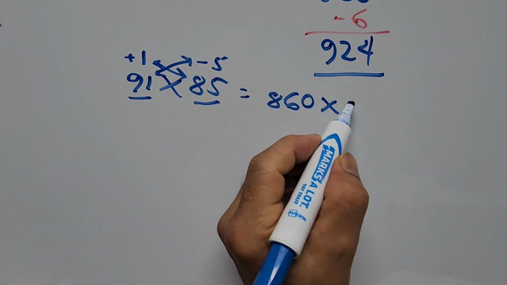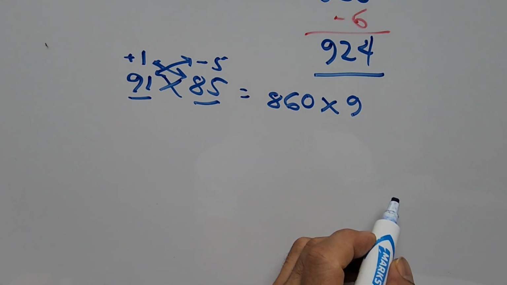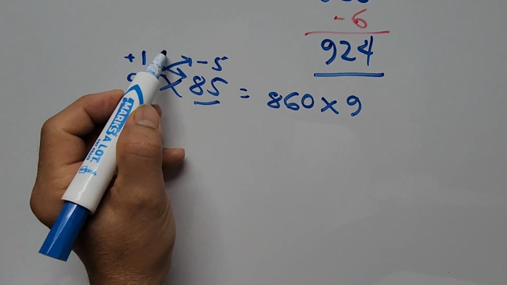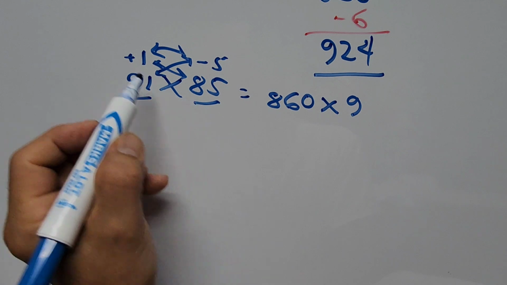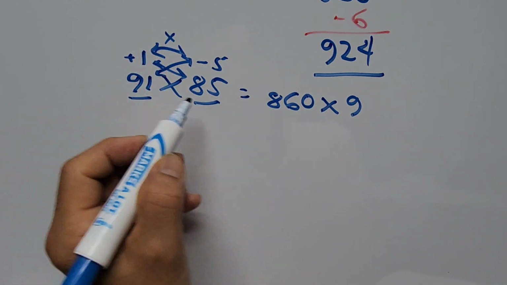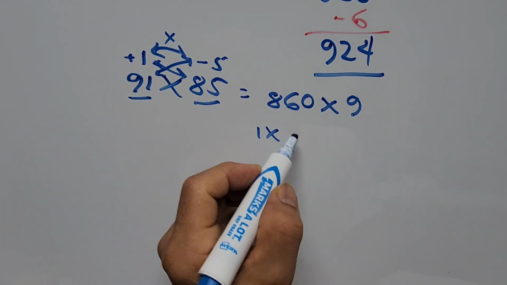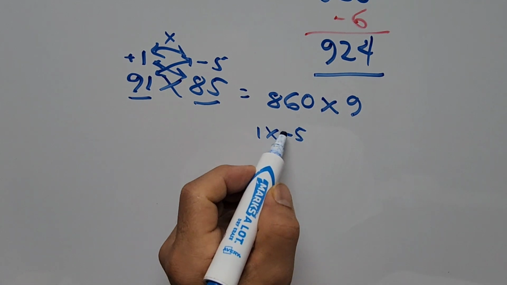Multiply this by 9. And the second part of our answer is multiply these two numbers. So this will become 1 times negative 5, right?